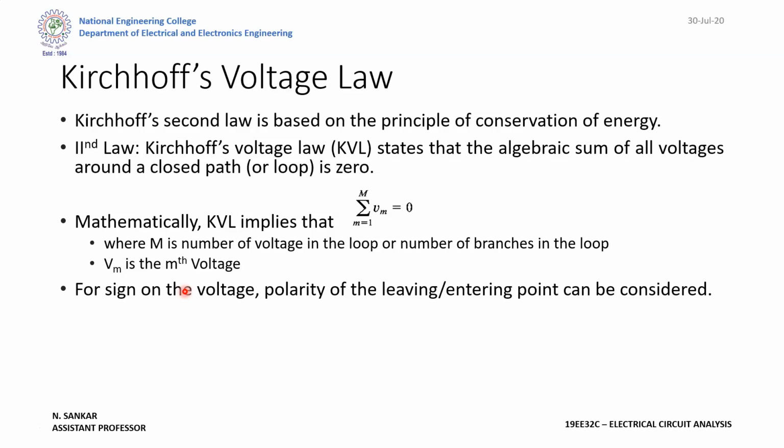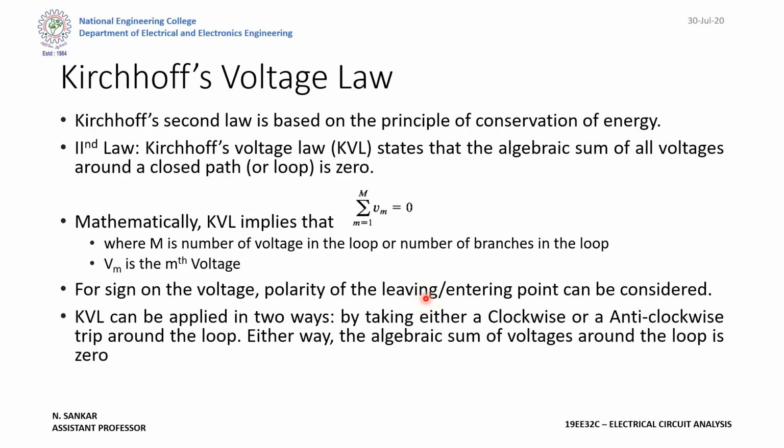Similarly, in the current law we took leaving current and entering current. Here also the polarity of the voltage can be taken as leaving or entering, depending on the polarity of the voltage source. In the example I will explain in detail.